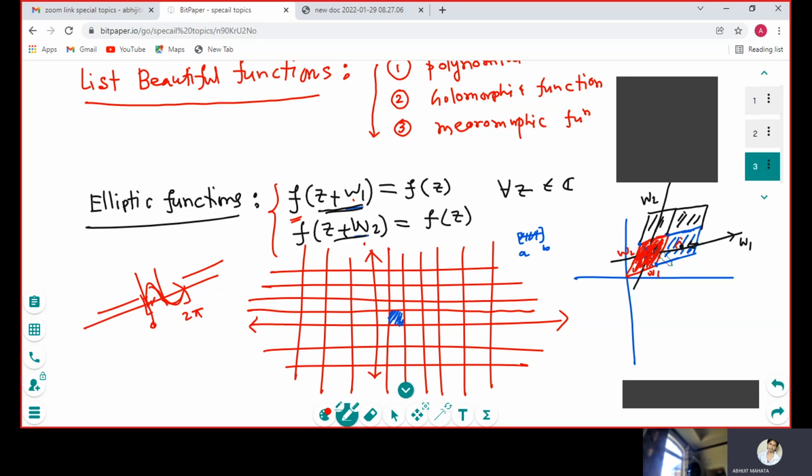Similarly, if you know the functional value on this parallelogram, you can shift the parallelogram upward and horizontally to find the rest of the complex functional values on the complex plane, right? So therefore it is the fundamental domain. And so you have two periods for an elliptic function, and a normal periodic function has only one period.